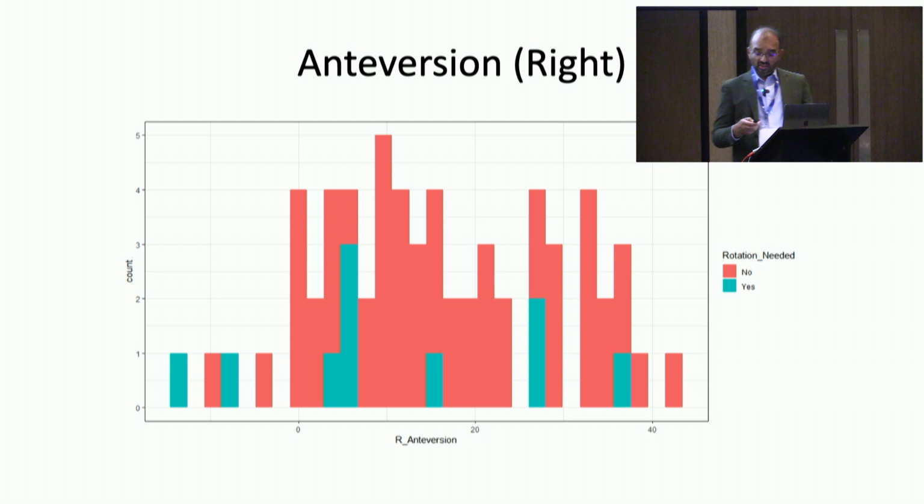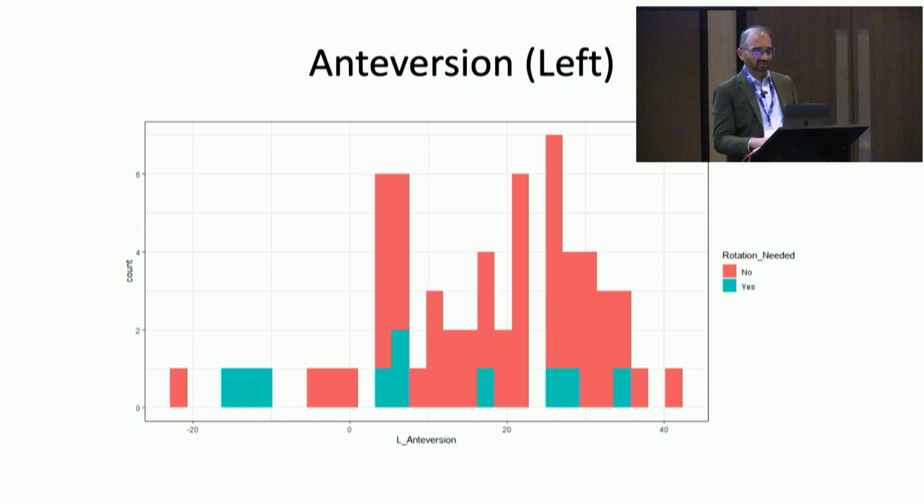So this is just to get used to this color scheme. This is the degree of anteversion and whether rotation was recommended. And you can see there's no correlation. You'd expect that the more the anteversion, the more the recommendation, if you went with CT rotational basis, that they'd be recommending more, but it wasn't.